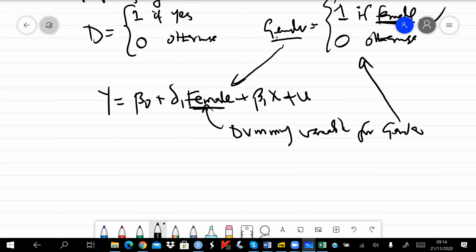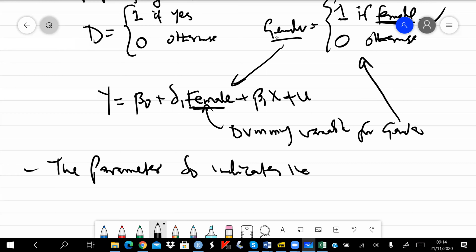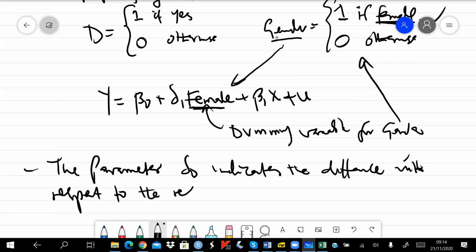Then we note that the parameter delta naught indicates the difference with respect to the reference group, or the reference category, that is, when D is equal to 0.